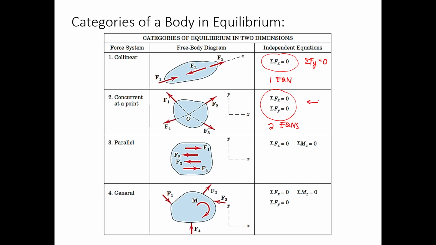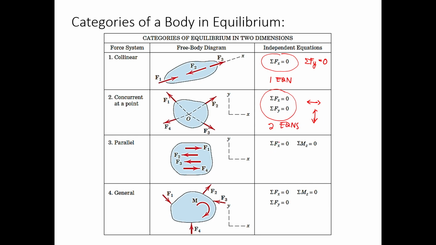Okay, so here we're going to use two force equations, horizontal and then vertical. Our topic today is the third one, the parallel force system, the equilibrium of parallel force systems.